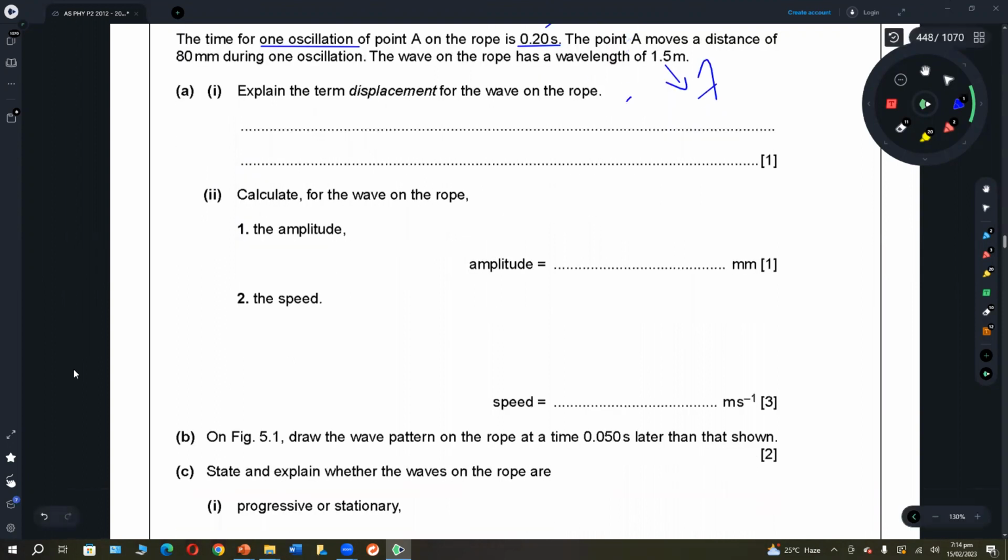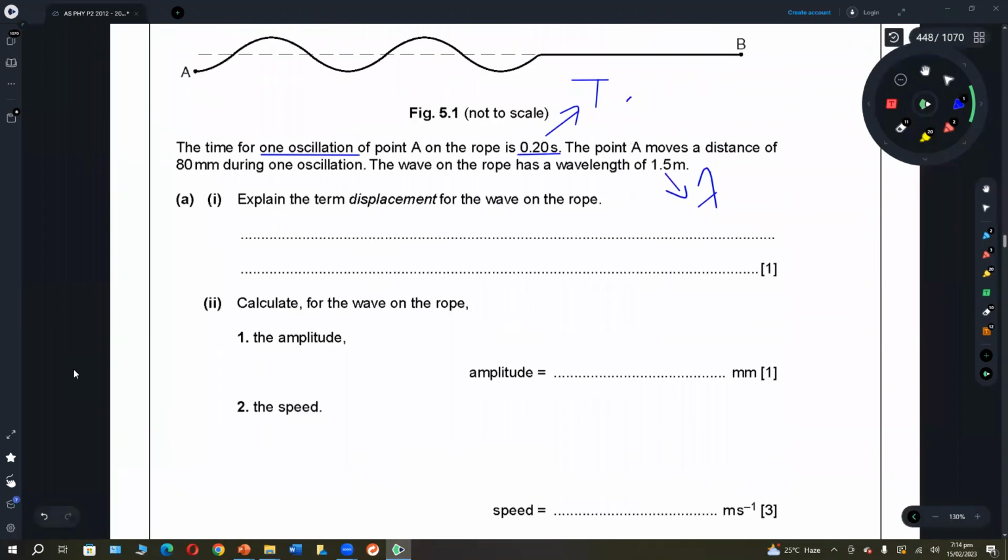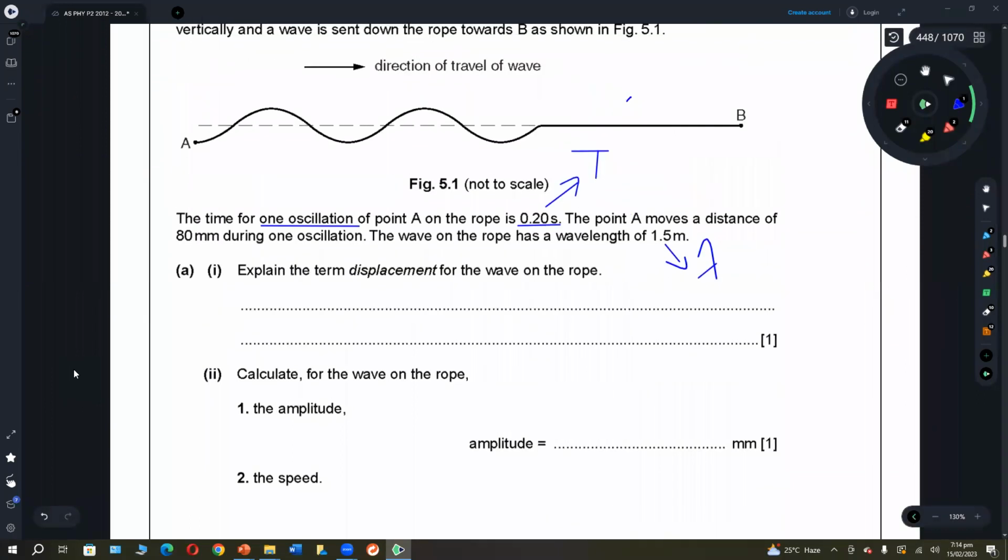Now we move forward. Calculate for the wave on the rope the amplitude. He says for one oscillation, it travels 80 millimeter. It means it goes down and comes back. This is one oscillation, covering 80 millimeter.